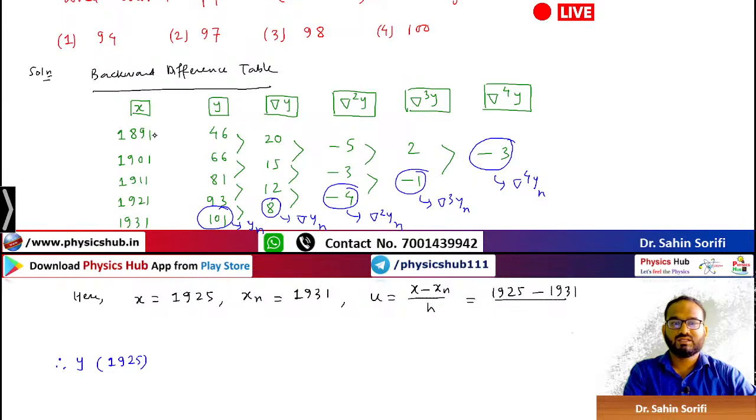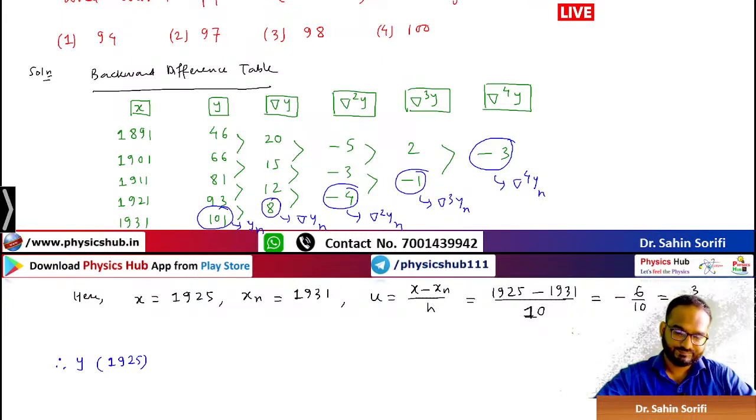The common interval h is 10. So u is minus 6 by 10, which is minus 3 by 5.